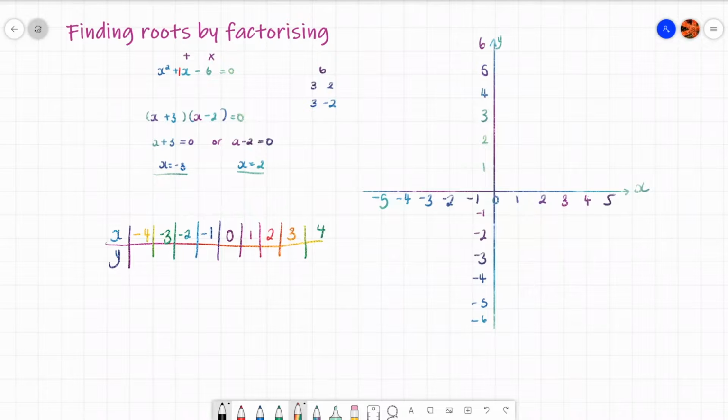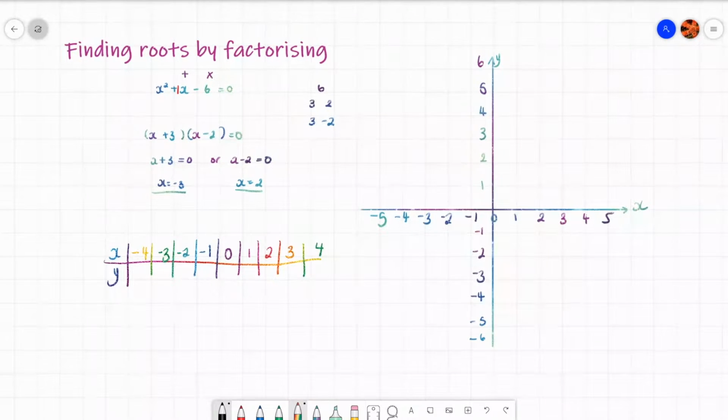Obviously I've got to substitute my x into my equation to work out the y. My equation was y equals x squared plus x minus 6. If my x is minus 4, I've got to do minus 4 squared, which is obviously 16. I add minus 4 and then take away 6, and I end up with 6.